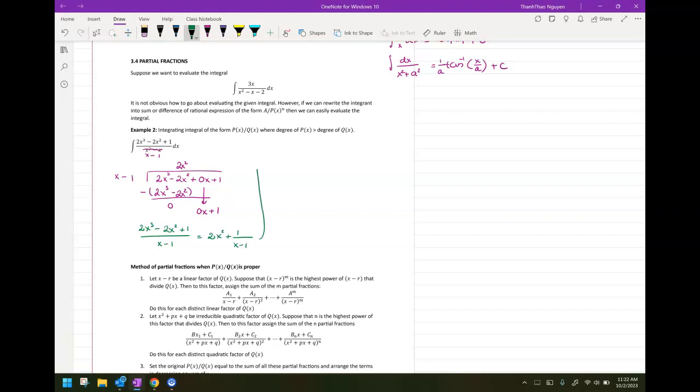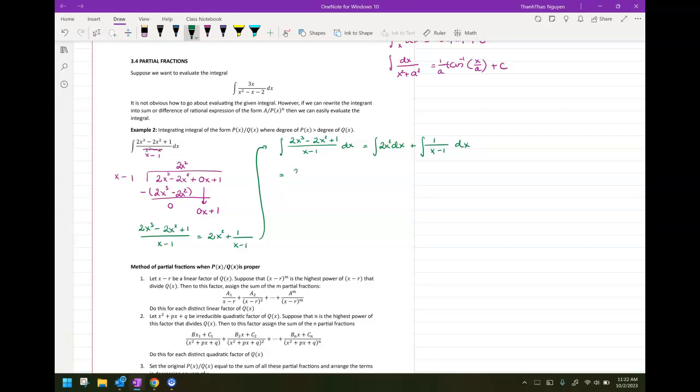With that in mind, I can rewrite the integral of 2x cubed minus 2x squared plus 1 divided by x minus 1 dx as the integral of 2x squared dx plus the integral of 1 over x minus 1 dx.